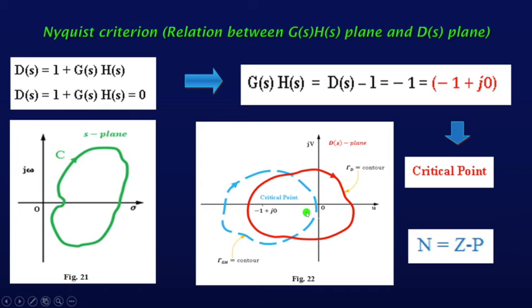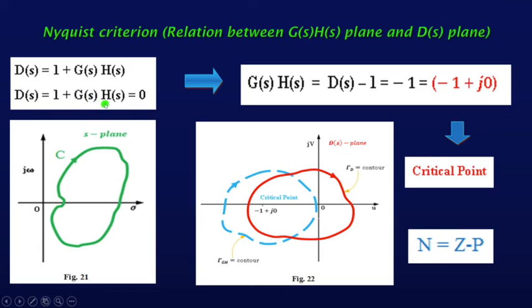Thus the encirclement of the origin by the contour gamma D is equivalent to the encirclement of the minus 1 plus J0 by the contour gamma GH. This minus 1 plus J0 point is called the critical point.